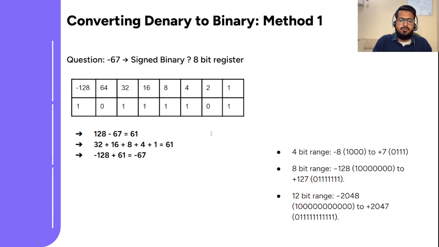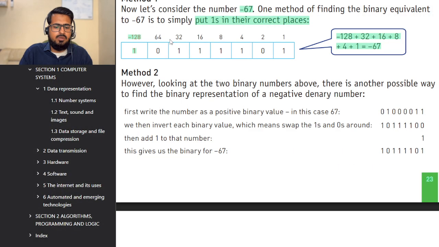And if you are getting confused with the calculations, and the calculation is something difficult for you, the book gives you another option, which is more about remembering the structure. You convert the 67 into binary, the normal binary, then you invert the full value.